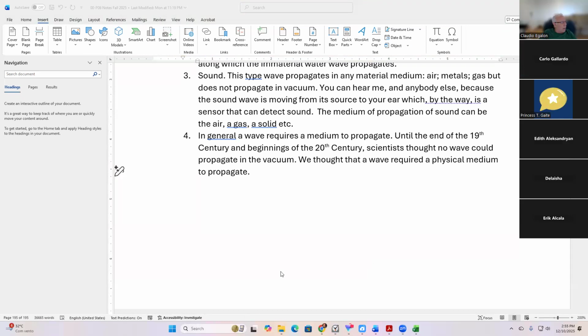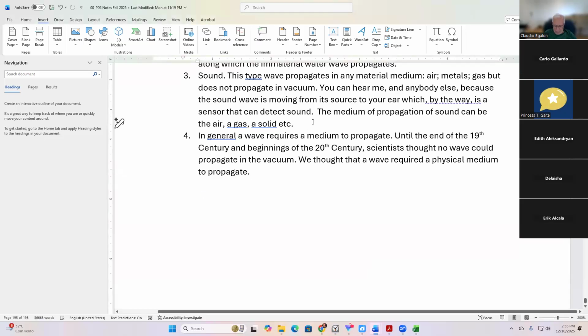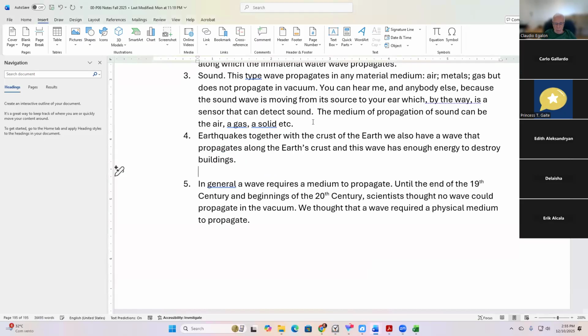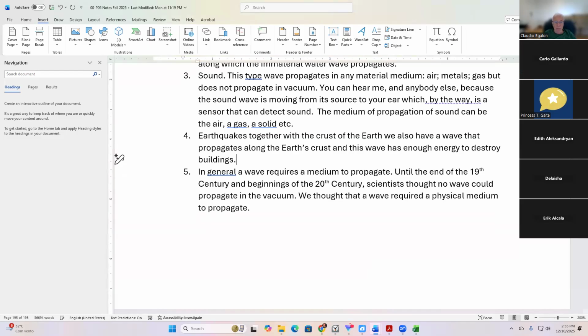Okay. So here you go. Let me give you more examples of wave propagation in a medium, and then I'm going to give you an example that we can have a propagation of a wave in vacuum. It was very difficult for scientists to believe that it was possible for a wave to propagate in the vacuum, and it generated all sorts of fallacies and incorrect theories.